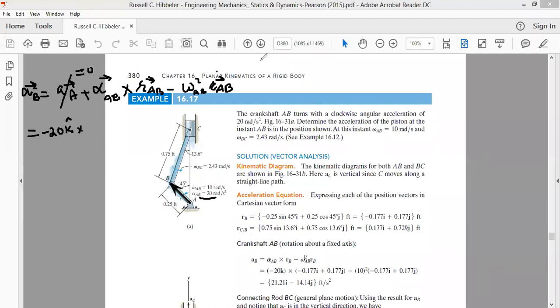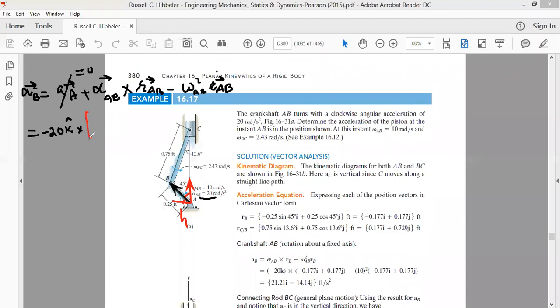As far as the radius vector from A to B is concerned, we will be resolving this vector. The vector AB will have two components, one in this direction and another in this direction. This component will be R_AB cos 45, because this angle is 45. This angle is also 45, but this is along the minus i axis. The magnitude of R_AB is given as 0.25, but it will be negative because it's along the negative x-axis.